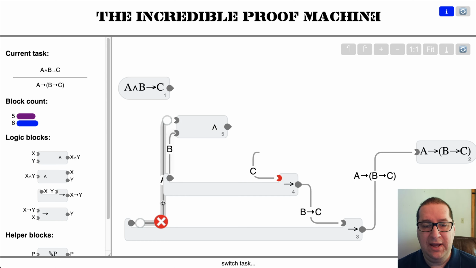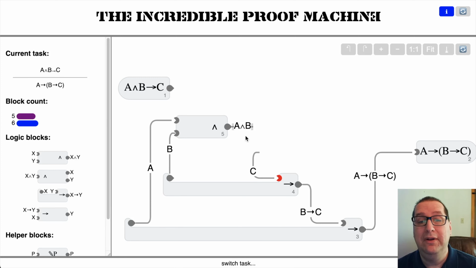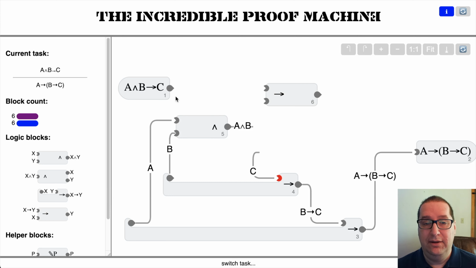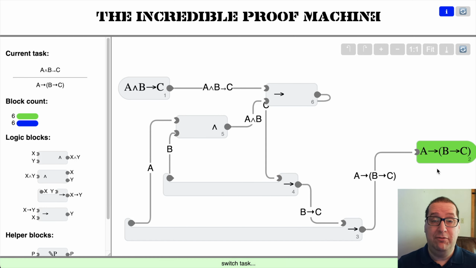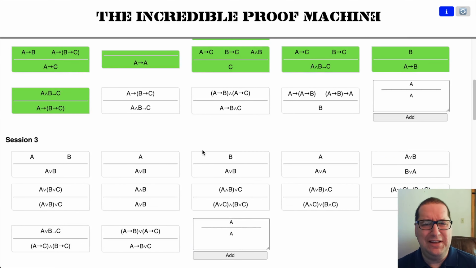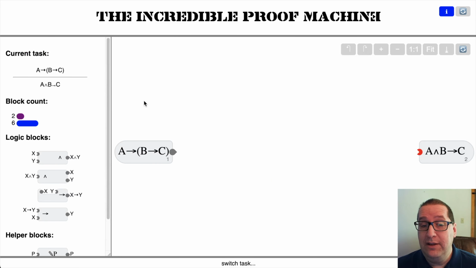So given that we have A and given that we have B, we can use an AND introduction rule to demonstrate that we have A and B, and we have this implication rule here, so we can eliminate this implication to get C, which is what our sub-goal was, and thus we've completed this proof. Quod erat demonstrandum. I'm probably pronouncing that wrong.